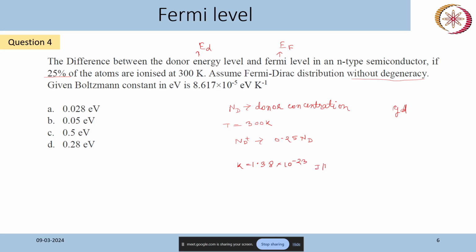So in electron volt it is given. We have to calculate ED minus EF. It is saying the difference, so I'm not sure whether it will be positive or negative. ED is typically close to EC, but that difference we have to calculate.